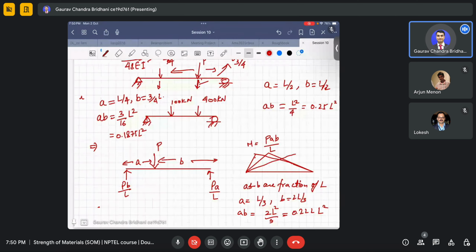If you trace the path of the maxima of each case, they themselves come as a parabola, and the maximum value of the parabola comes here at the center. If you just trace the path of these maximum values, they themselves come as a parabola.